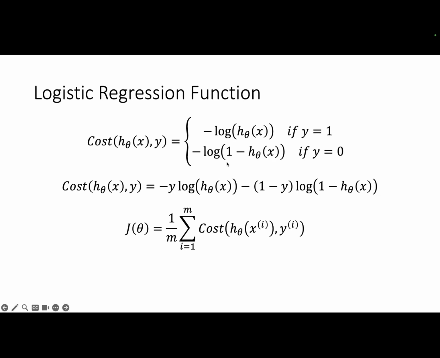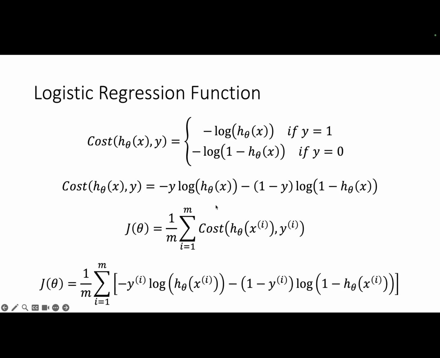And if y is equal to 0, then mawawala itong term na ito at ito yung matitira. Okay, so yun yung ano niya. So ngayon yung ating cost function is written as this, where this is this. Okay, so ganyan na yung itsura ng ating cost function.